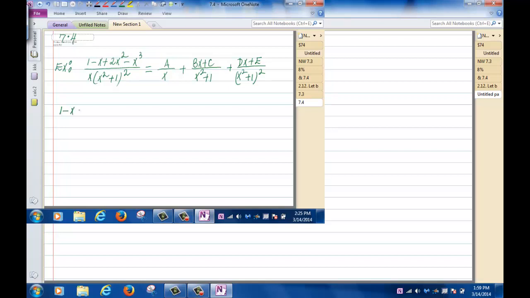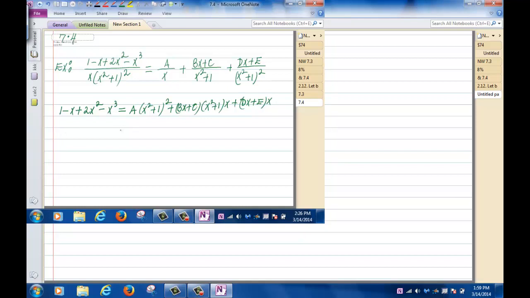1 minus x plus 2x squared minus x cubed. If I multiply out, I get a times what? x squared plus 1 squared plus bx plus c times x squared plus 1. Is that it? Missing an x, plus dx plus e times just x.